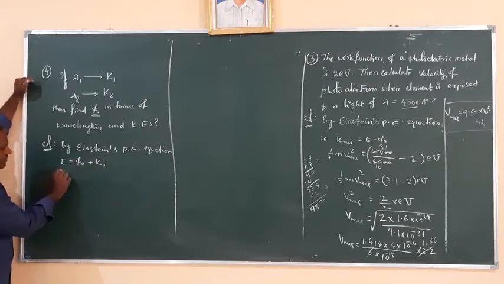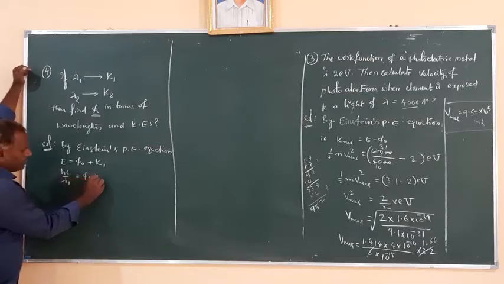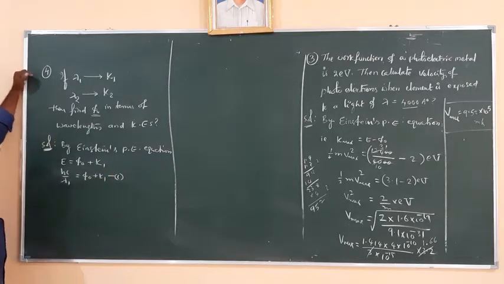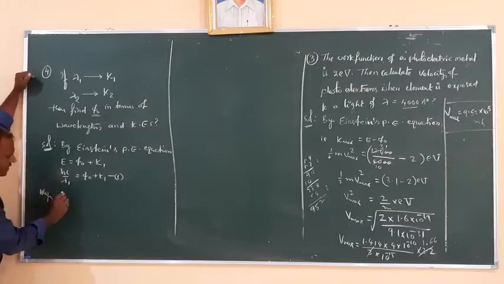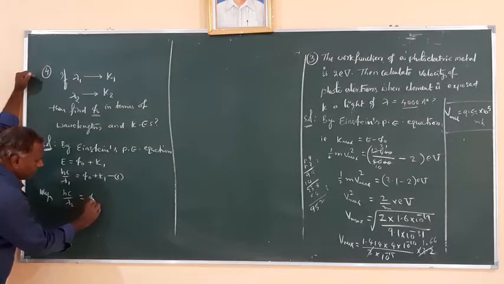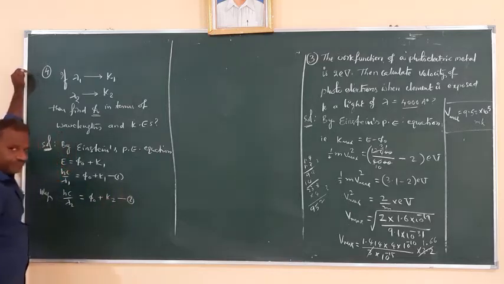So this E can be written as hc by lambda 1 is equal to phi naught plus kinetic energy. It is equation 1. Similarly, for the second case hc by lambda 2 is equal to phi naught plus K2. This is the second equation.